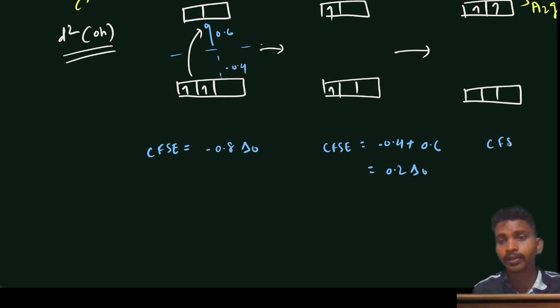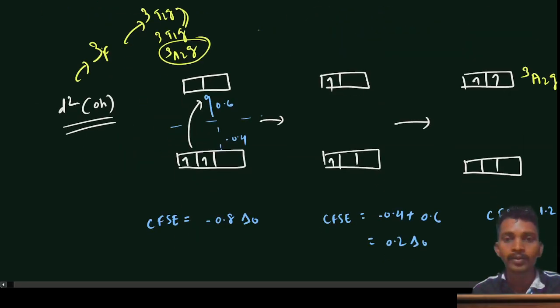Okay, here the CFSE is going to be how much above that, that is 1.2 delta octahedral. So from this CFSE, you see that this value will never be the ground state.